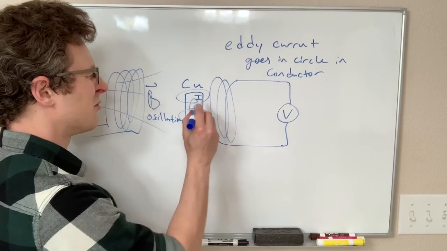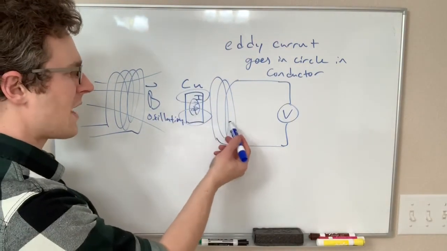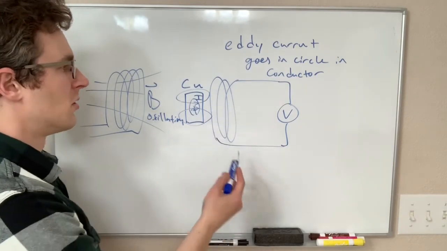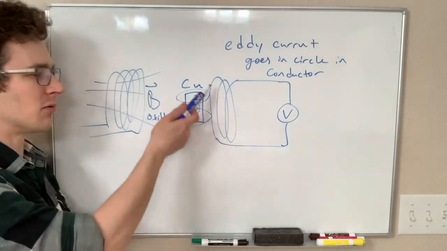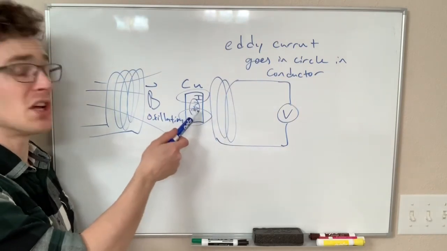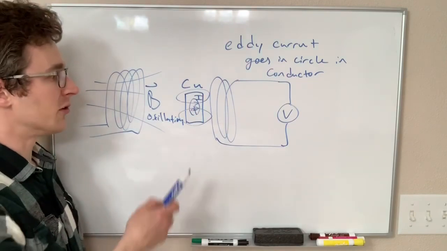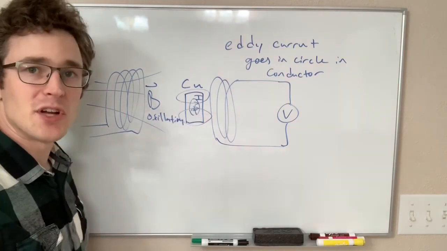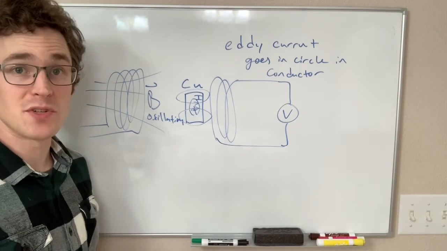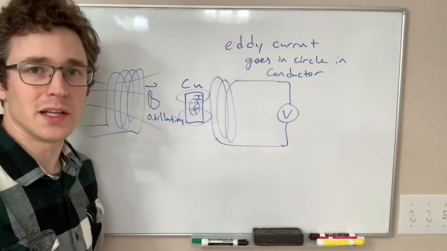You have this little current flowing in there that's going to generate a magnetic field, and that is going to change what you're measuring in this coil. This is changing or potentially changing the flux in this coil. So in this way, you can tell if there are metal objects, they don't have to be magnetic objects, they just have to conduct well enough to get these kinds of eddy currents flowing in them.